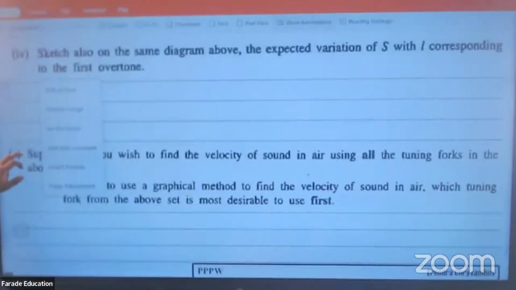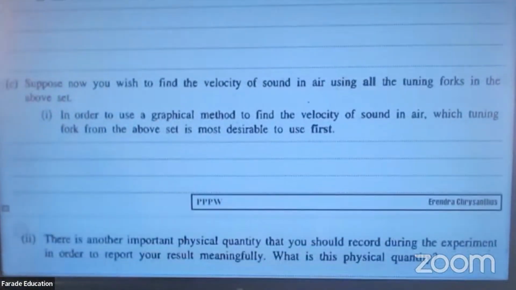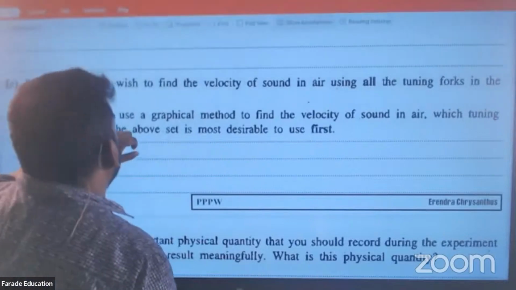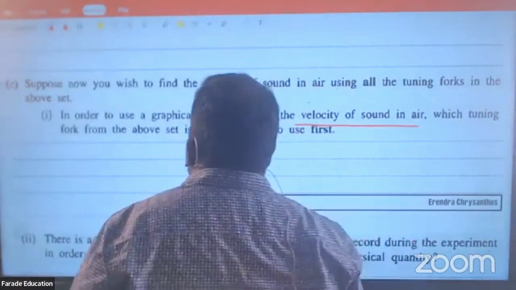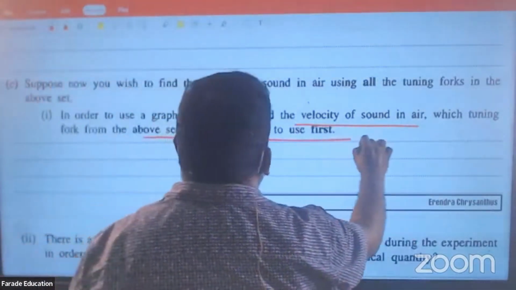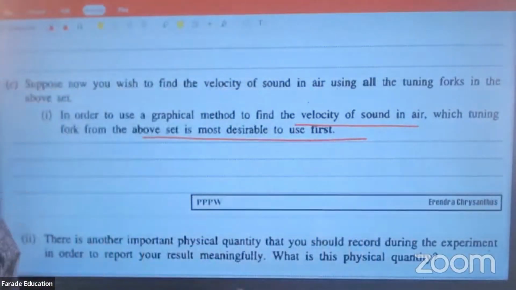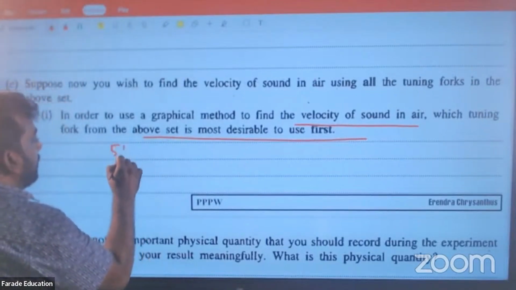Suppose now you wish to find the velocity of sound in air using all the tuning forks in the above set. In order to use the graphical method, which tuning fork from the above set is most desirable to use first? Normally, we will use the tuning fork having the highest frequency.